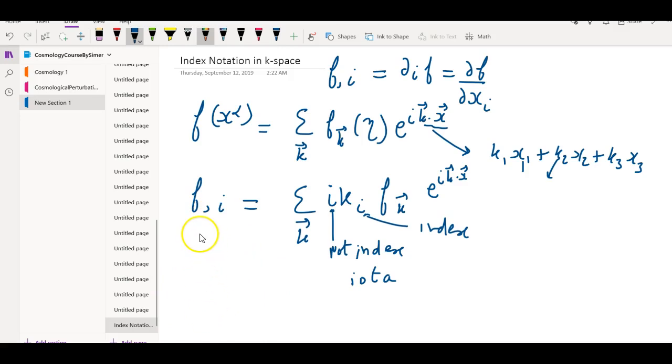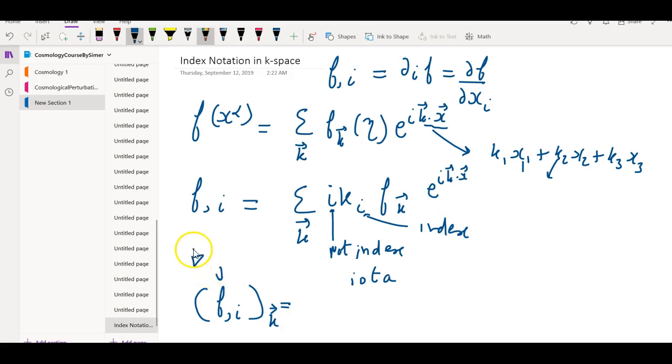Now if I were to express the Fourier mode of this, let's say f_i, what is the Fourier coefficient of this? This is a vector.